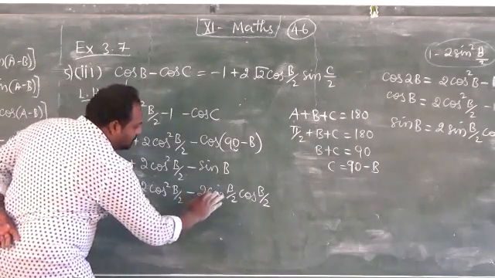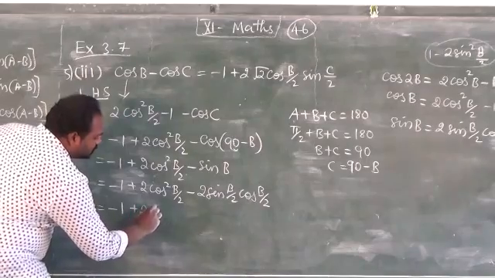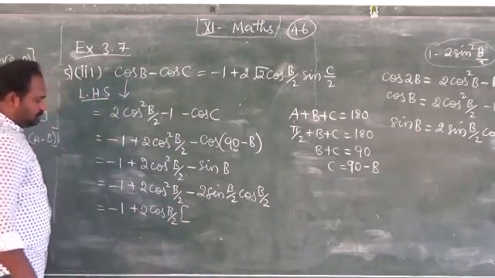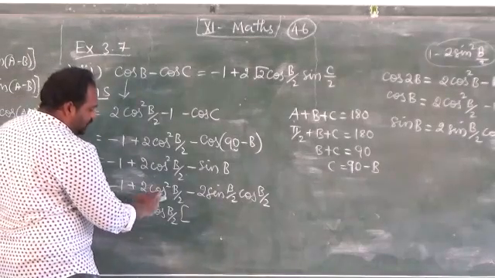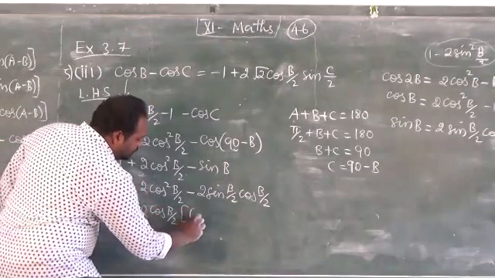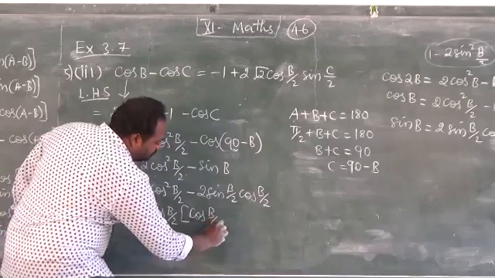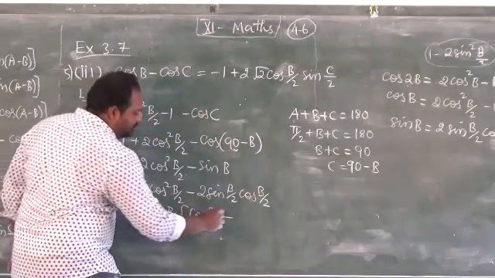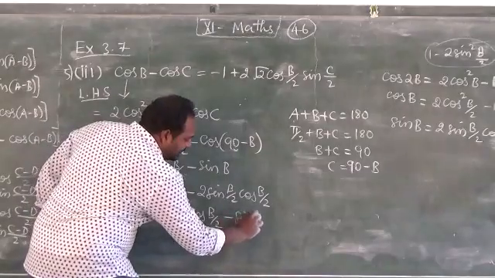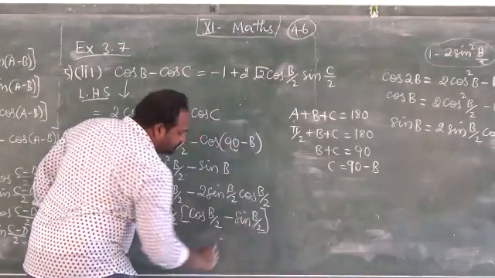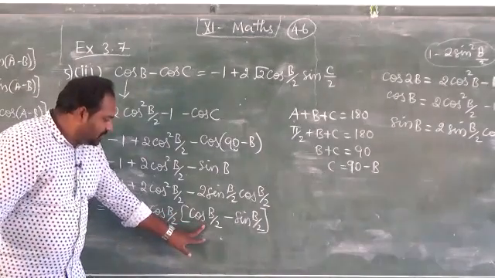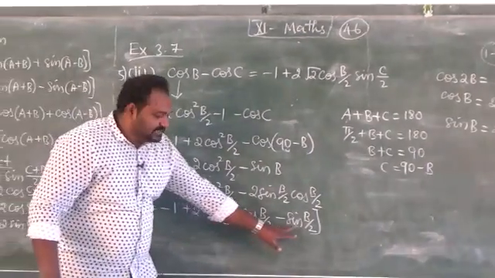In these 2 terms, I am going to take 2 cos B by 2 commonly outside. The remaining is cos B by 2 minus sin B by 2. Look at the bracket, we have cos B by 2 minus sin B by 2.